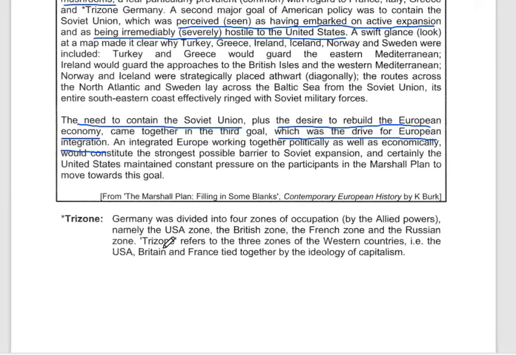So the implication here is that the purpose of the third goal was to give a drive for European integration.